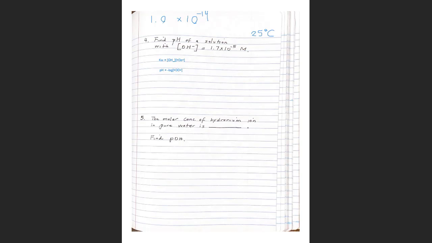With the number of sig figs, it'll be 2. So my reported value for pH is 9.23.